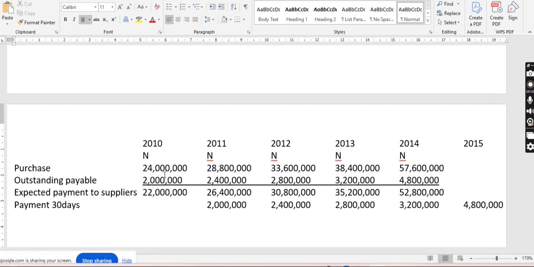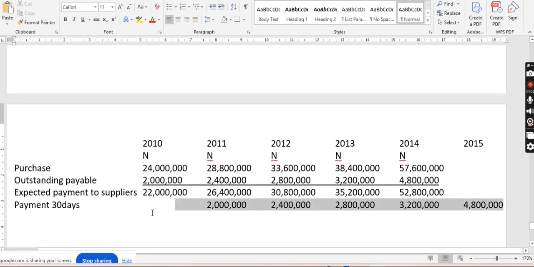We are here to pay it. Remove it. What is the expected payment to suppliers is this. Now, we need to pay this money in the following month. So when you pay it in the following month, because it's 30 days, we give you the total payment made to the suppliers.